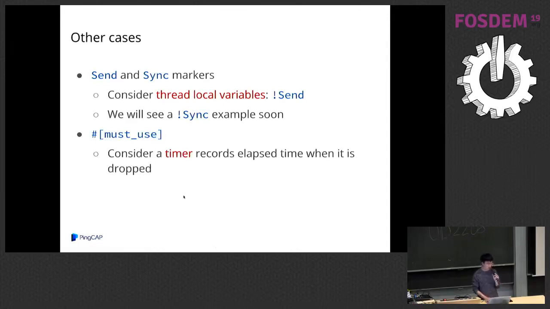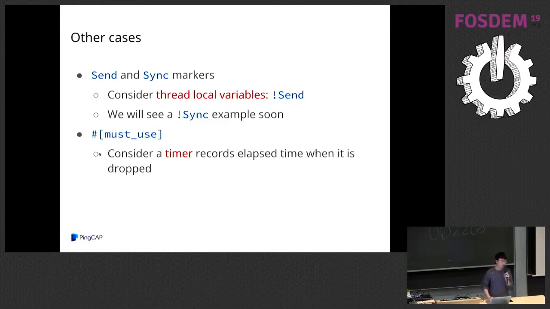So, for example, considering thread local variables, it is not Send because if you hold a value in one thread, when you send it to another thread, the value no longer holds. So thread local variables are not Send.